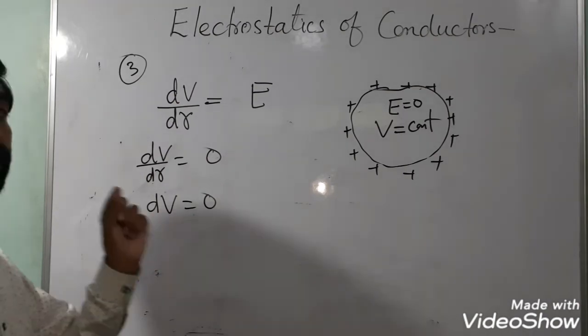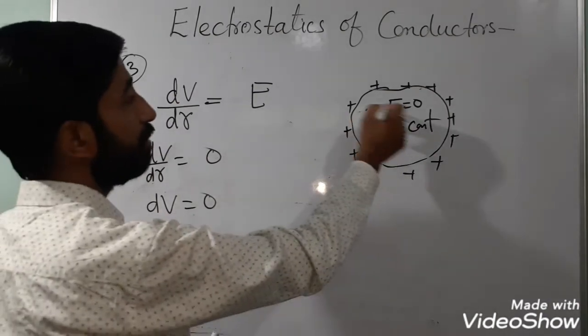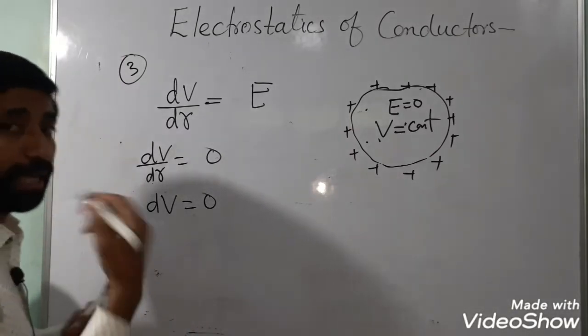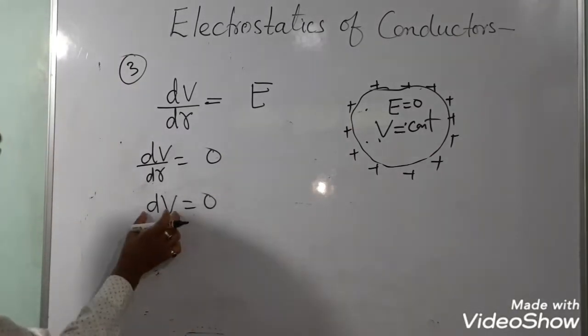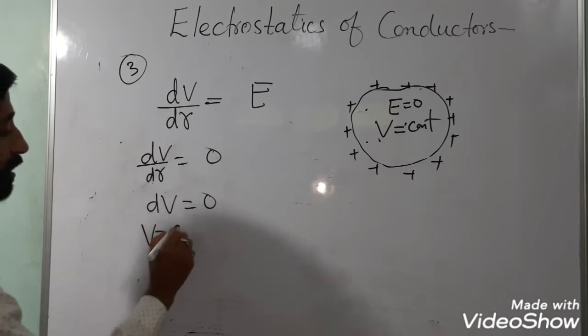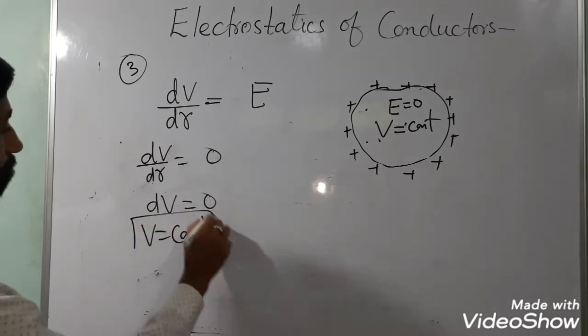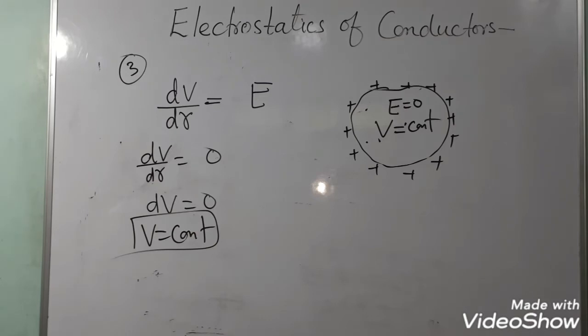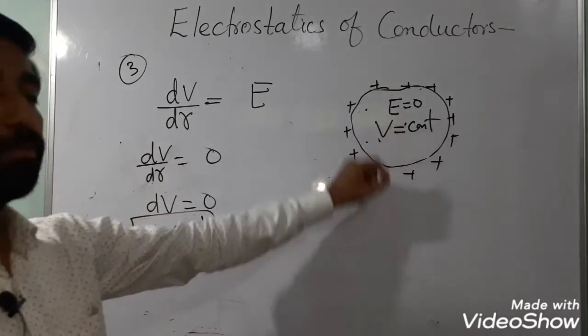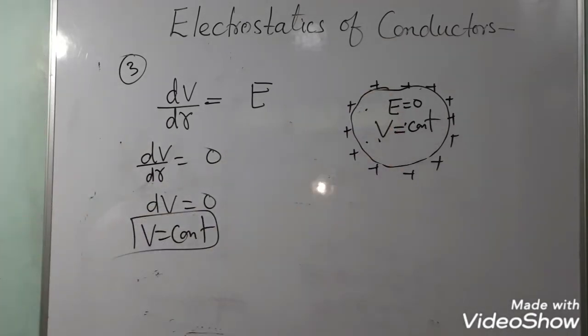And dV is what? The change in potential at different points. So for any 2 points, any 3 points, dV will be 0. It means V is equal to constant. This is property number 3. Inside any conductor, the electric potential is always constant.